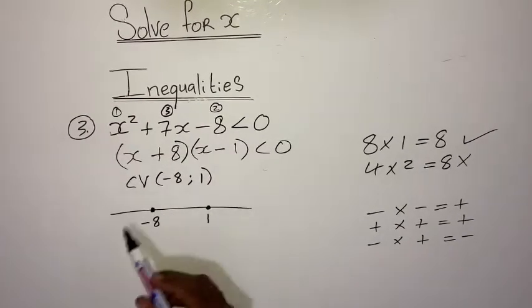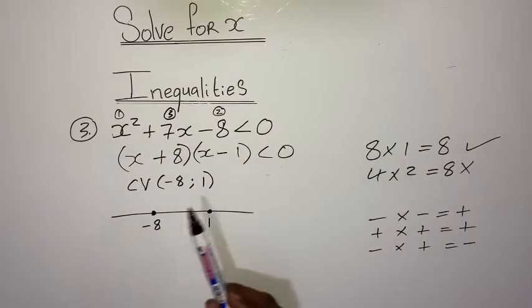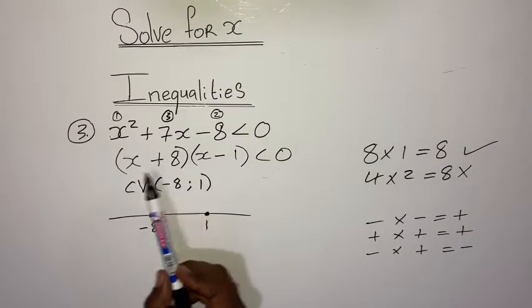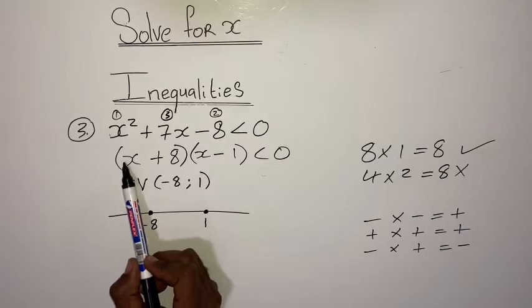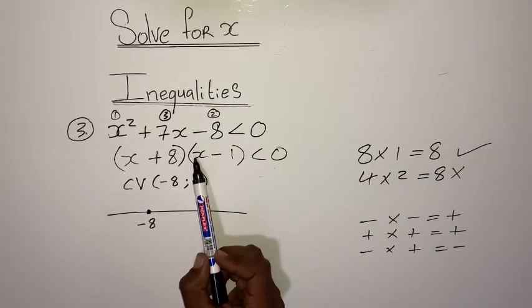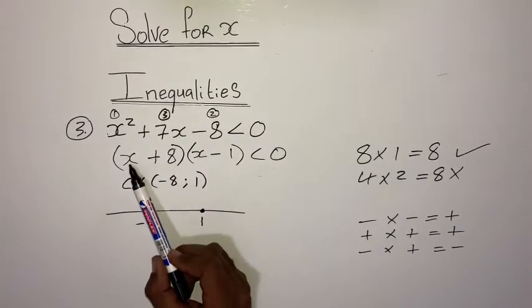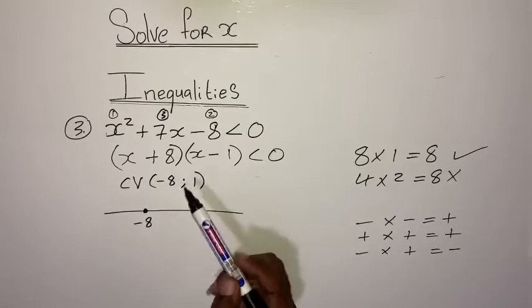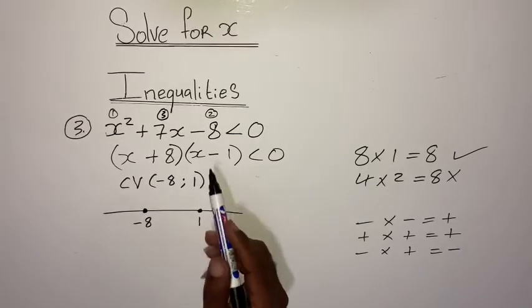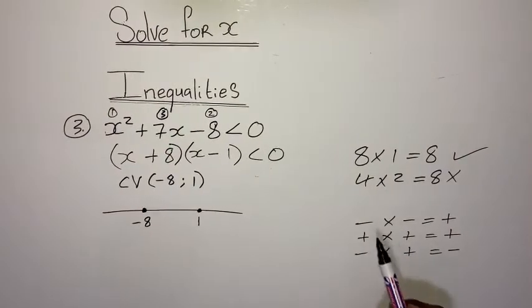Then after you have written your number line, you go on to focus on the signs of x in brackets. For my x is positive, this x is positive, this x as well is positive. So you look to check if the x's in brackets are having the same sign. If they have the same sign, we are still applying the product rule.